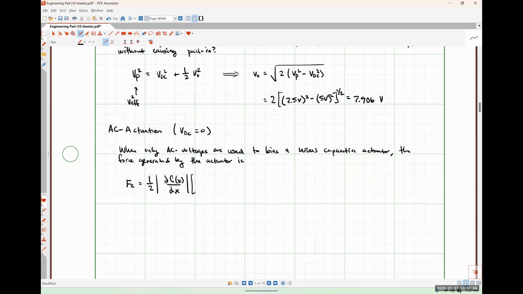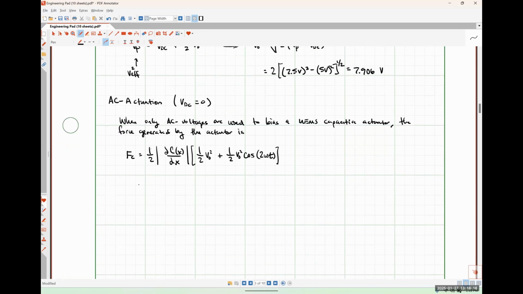And then everywhere that I had VDC has gone to 0. So I'm just going to be left with 1/2 V naught squared plus 1/2 V naught squared cosine twice omega t.